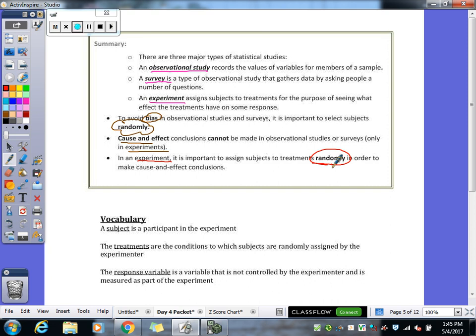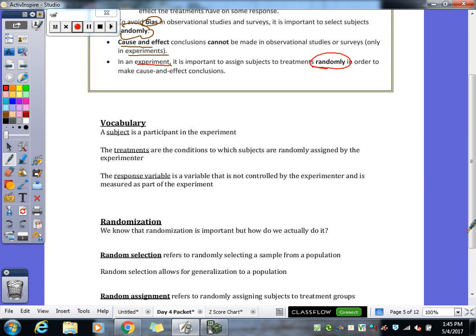And then some more vocabulary down here. Put yourself a little note. Study. A subject is just a person participating in the experiment. Treatments are the conditions to which the subjects are randomly assigned, so whether they're getting one thing or the other. Response variable, this one's tricky.